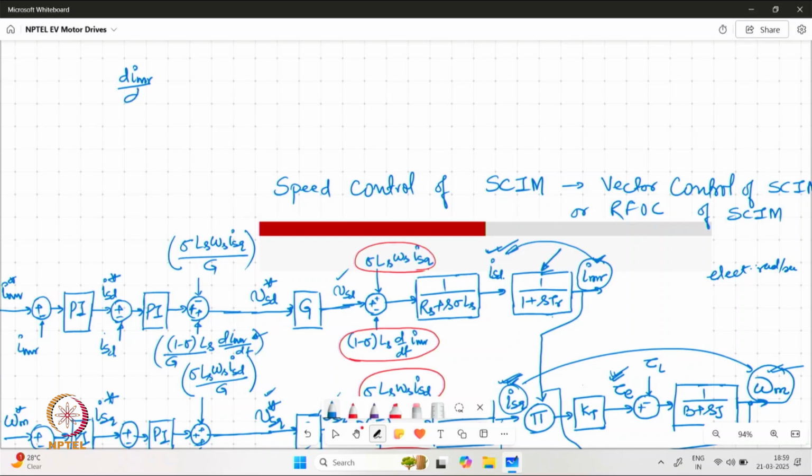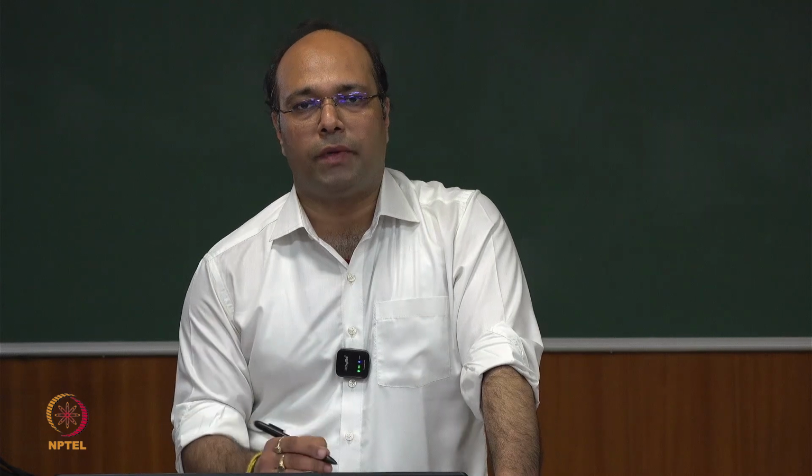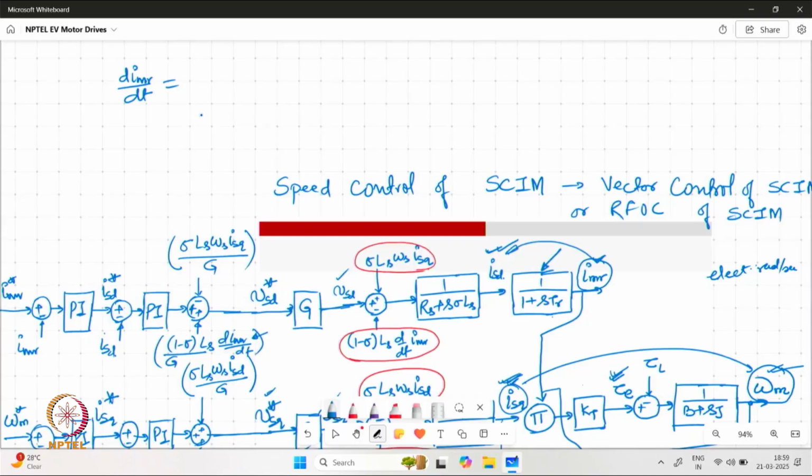So DIMR by dt could be a very disturbed signal. Now one way is that we can differentiate and then use a low pass filter to get rid of the noises. However, we can have a different approach, which is we can take DIMR by dt from the equation provided for the computation of IMR on the basis of ISD and IMR itself.